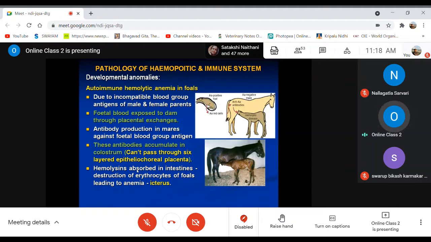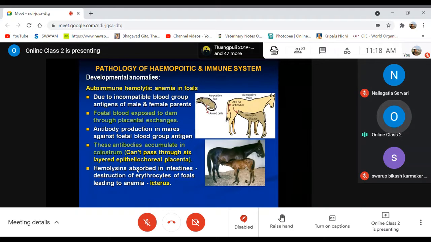Because of the excessive lysis of these RBCs, you might have learned in detail about jaundice, icterus. After the lysis of the RBCs, there is breakdown into bilirubin, the heme portion and the iron portion, and all. I think you might have learned it.